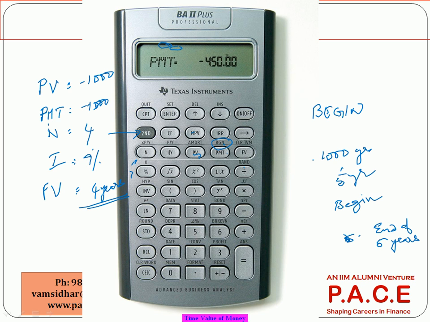Rest all, the entries are the same. FV, PV, all entries remain the same. Only the calculator should be set into the begin mode. In the regular case, wherever the payment is happening at the end of the year, you can set it into the end mode itself.